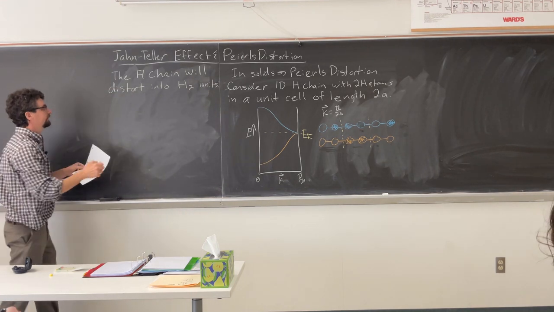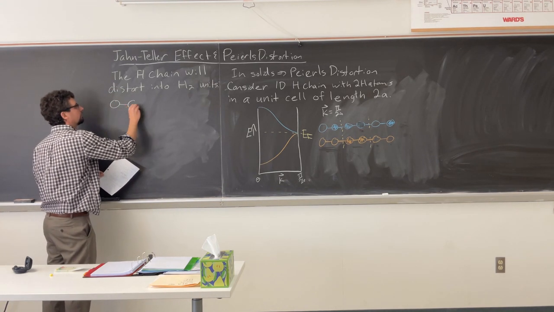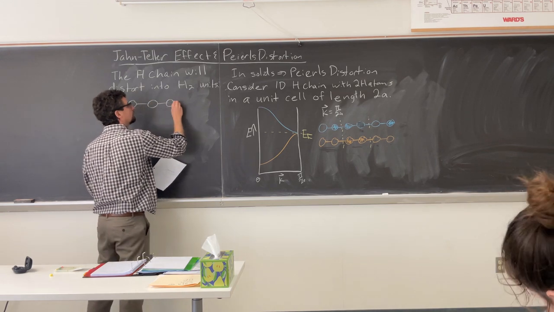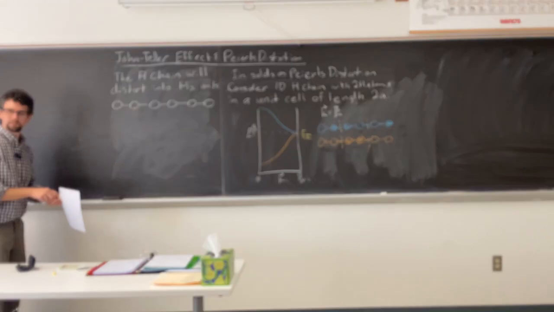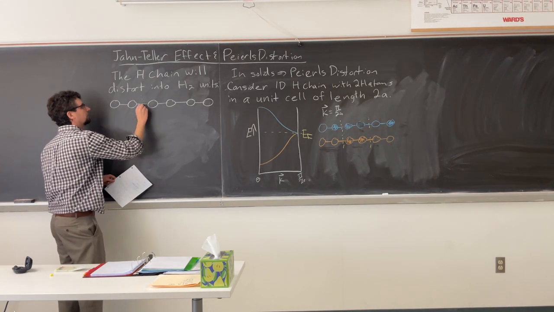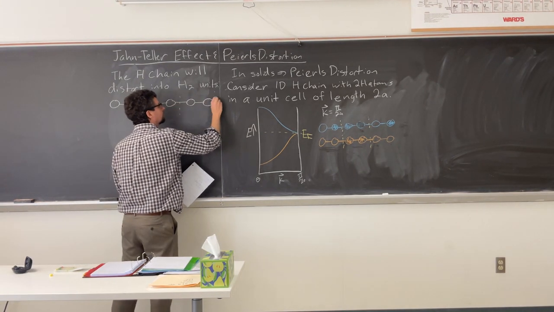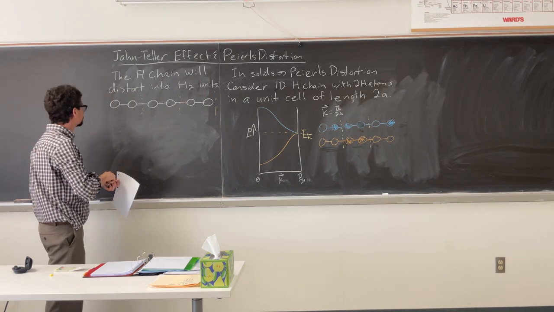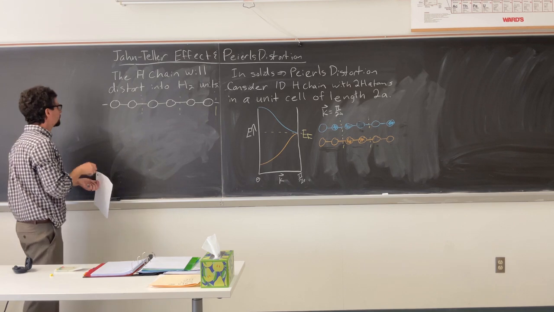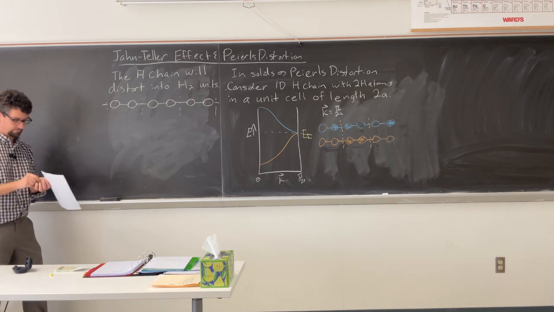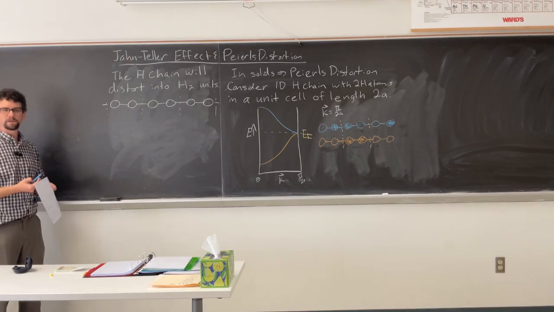So if we draw our unit cell, we could pick any one of these systems to look at. How do you want these things to distort?